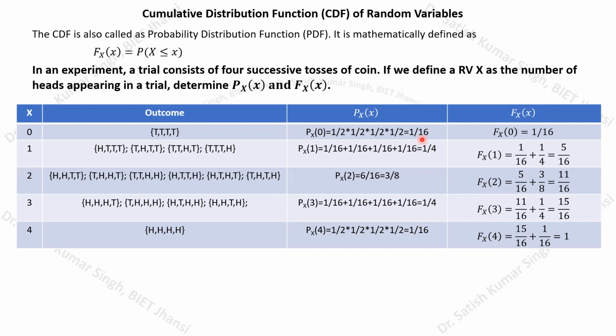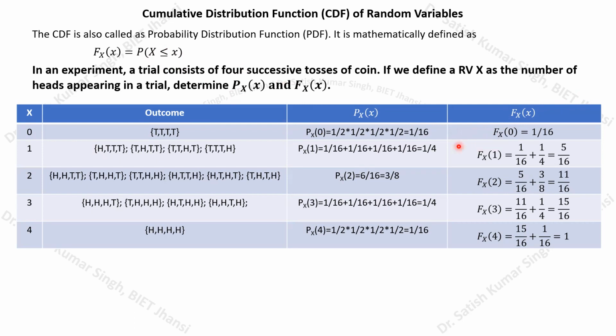Now if we wish to calculate the cumulative distribution function F_X(0), what is the definition? F_X(0) is the probability that X will be less than or equal to 0. There is no chance that X will be less than 0.